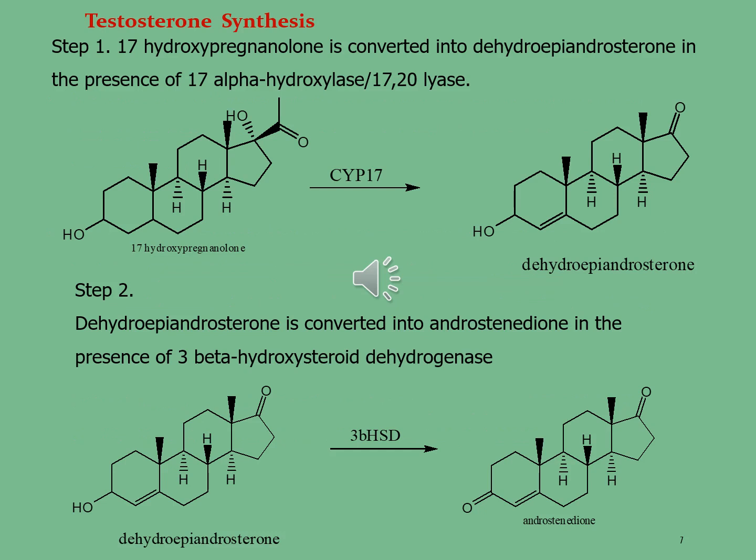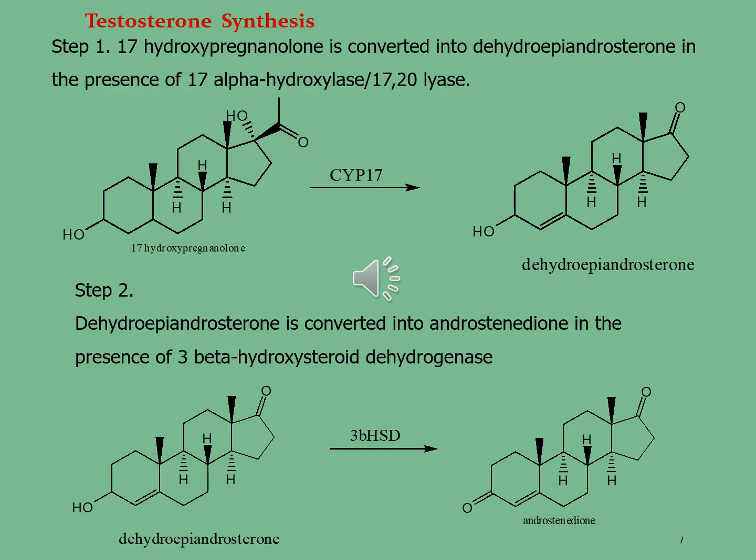Let's see the synthesis of testosterone, because testosterone falls in androgens, and this is the big example of androgen steroids. So let's see the first step, in which 17-hydroxypregnenolone is converted into dehydroepiandrosterone in the presence of 17-alpha hydroxylase 17,20 lyase enzymes.